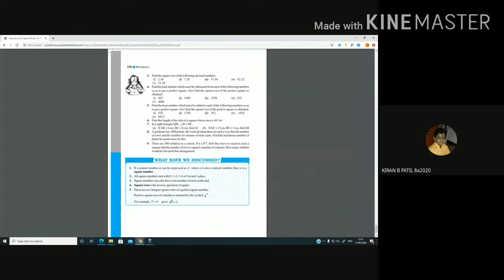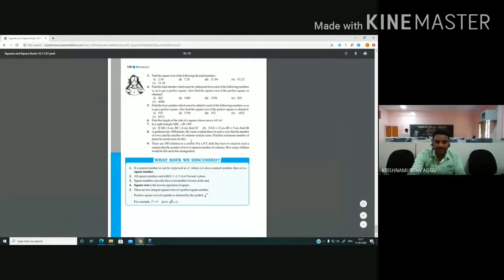He wants to plant these in such a way that the number of rows and the number of columns remain the same. Find the minimum number of plants he needs more for this. Same like this only. Both questions are same. Number of rows is equal to number of columns. Here 1000 plants, here 500 children.